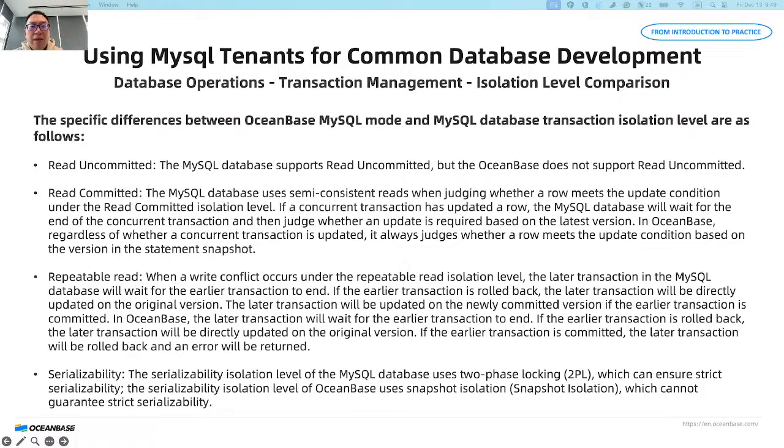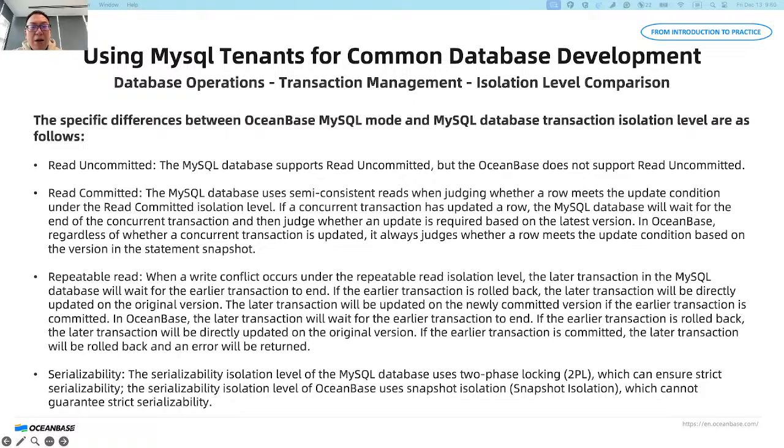In MySQL, semi-consistent reads determine whether a row needs the update condition under the read committed isolation level. If a concurrent transaction updates the row, MySQL waits for the transaction to complete before evaluating the latest version. While in OceanBase, the evaluation always relies on the version in the statement's snapshot, regardless of any concurrent updates.